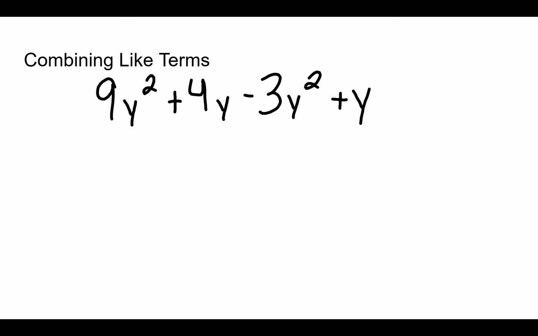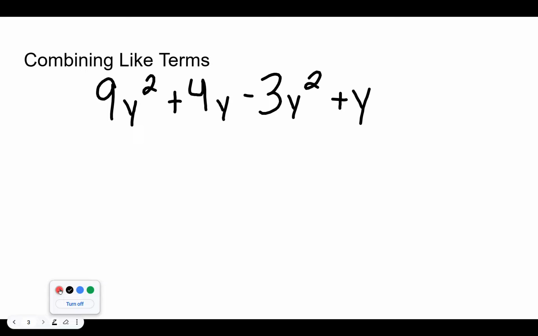And you might be saying to me, Mrs. Collins, they all have y. Aren't they all like terms? And I would say no. These are not like terms. We have 9y squared. We have 4y, negative 3y squared, and a positive y. Those are not all like terms.